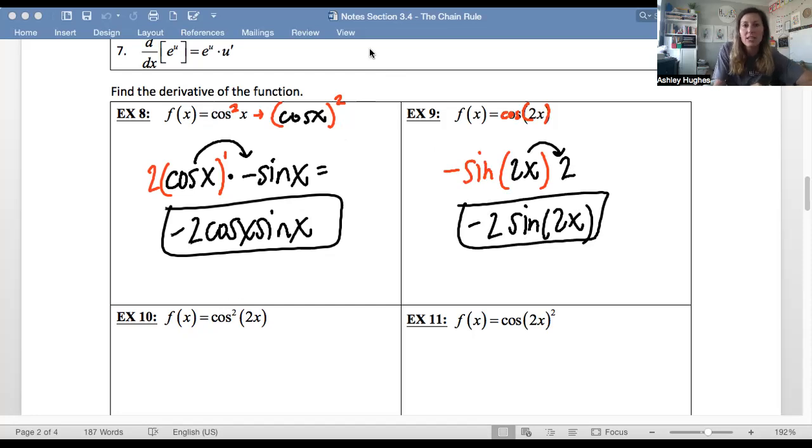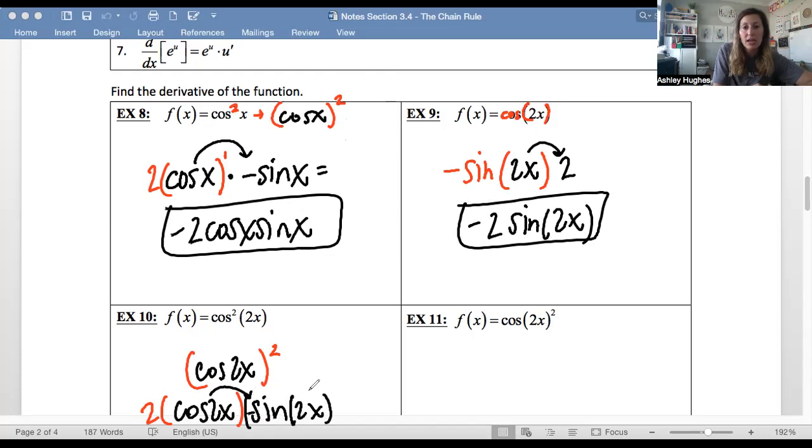So this, again, that square part means that the whole cosine thing is squared. So I bring the 2 down, I keep cosine of 2x the same, then I multiply by the derivative of this, which is negative sine of 2x times 2.